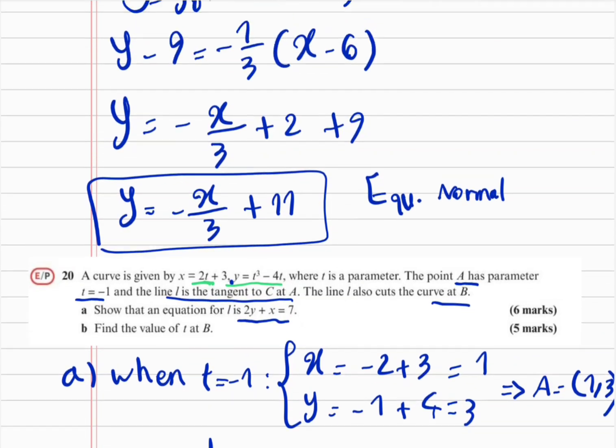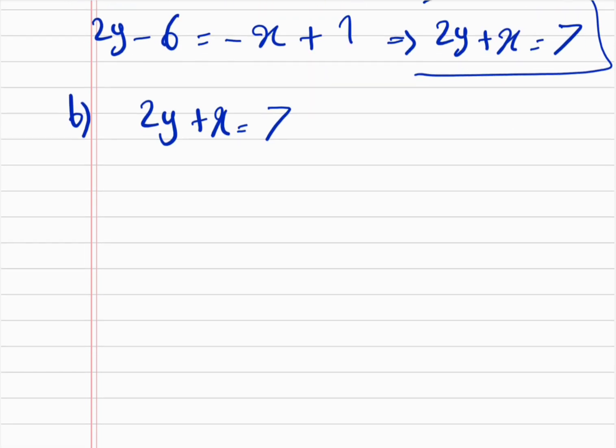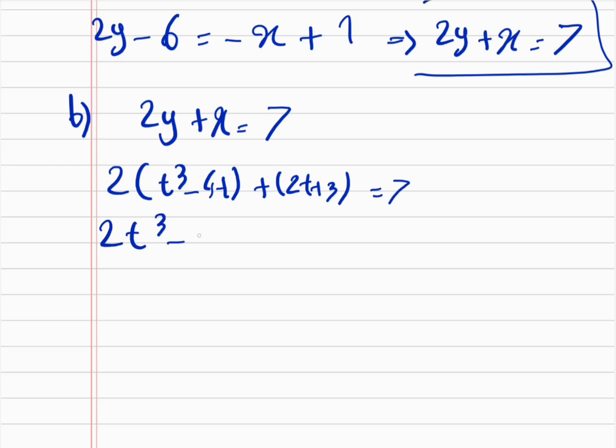As a result of that, we are now going to substitute y is equal to t cubed minus 4t, and x is equal to 2t plus 3 into the equation of the tangent. So we have 2 times (t cubed minus 4t) plus 2t plus 3 is equal to 7. Now we can expand the brackets: 2t cubed minus 8t plus 2t plus 3 is equal to 7.